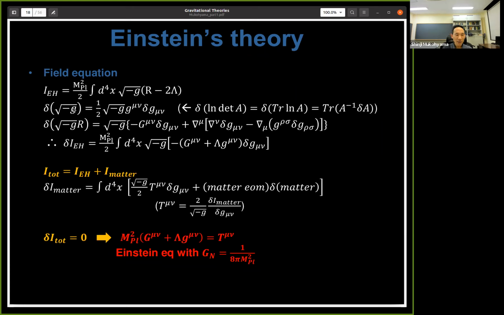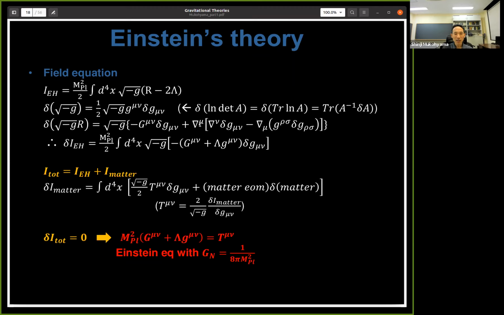Then we find, for example, that square root of minus g has a first variation of this form, and the combination square root of minus g times curvature has this variation. Plugging these into the action, we get this, after forgetting about the boundary term.